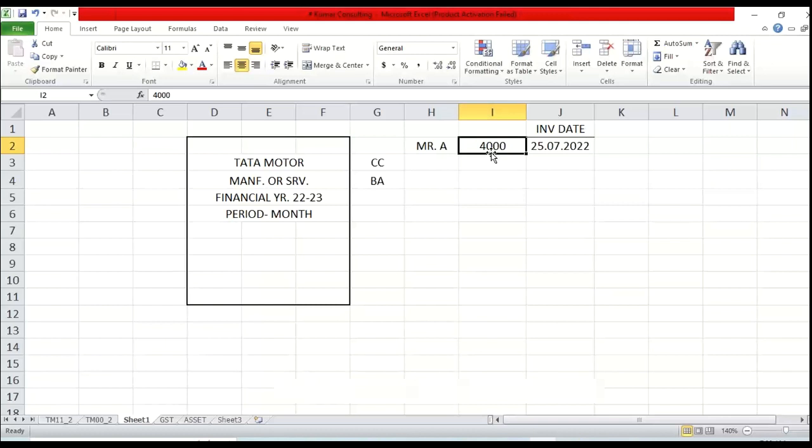Let's suppose they are using a legacy system, SAP is not installed yet, still our configurations are going on. By the time this invoice was received by Mr. A, it was already 4 o'clock evening, or 4:30 or 5 o'clock.